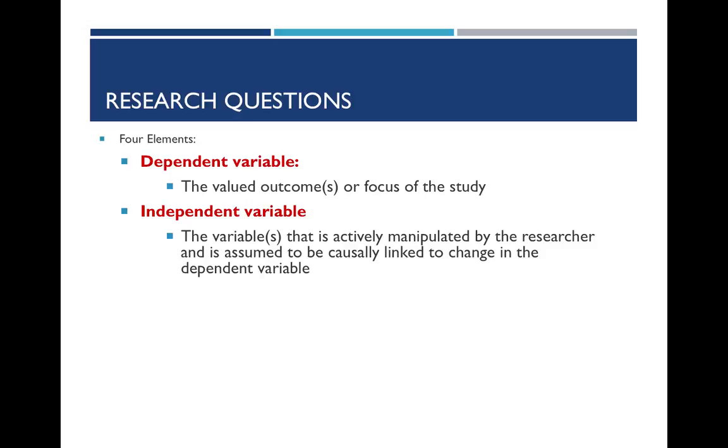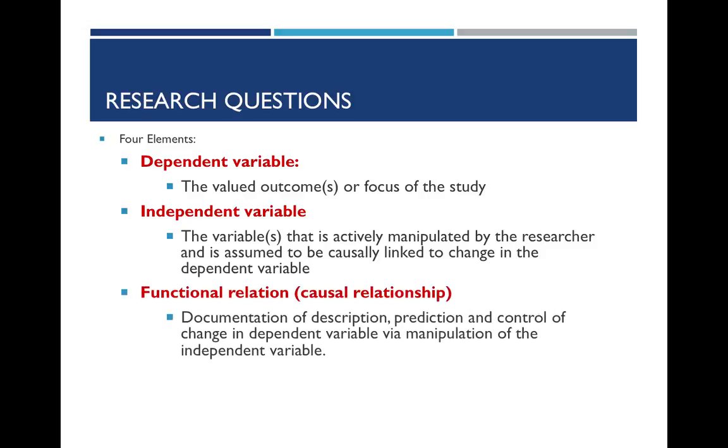Most researchers are very good at building in the independent and dependent variable. The 2 pieces that are often missing: One, indicate in the research question that the study you're proposing is experimental in nature. We use in single case research the language of assessing a functional relation. Looking at a functional relation means that the research is not just descriptive or correlational, but is actually going to be assessing a causal relation.